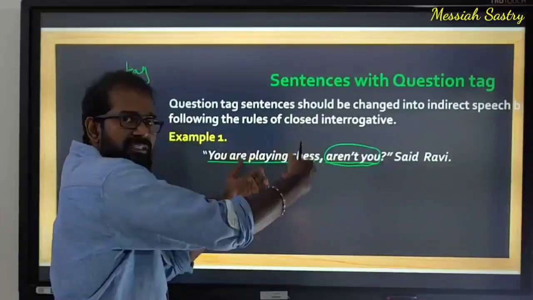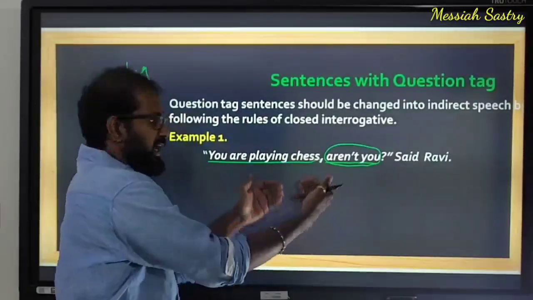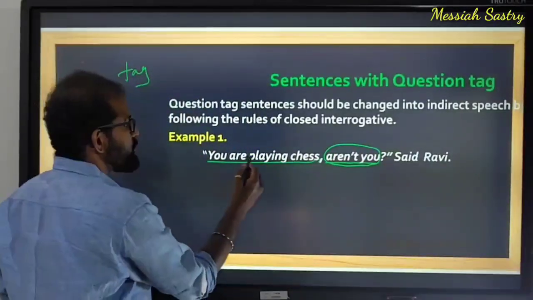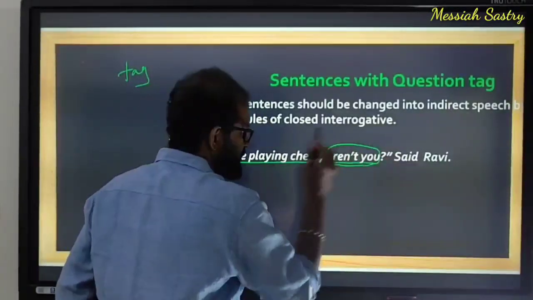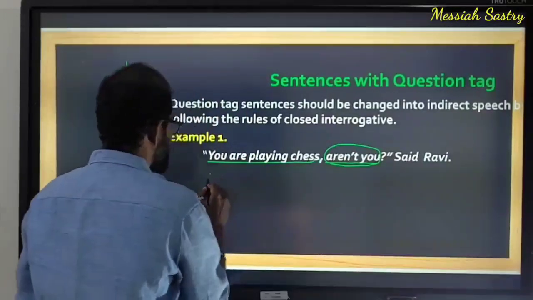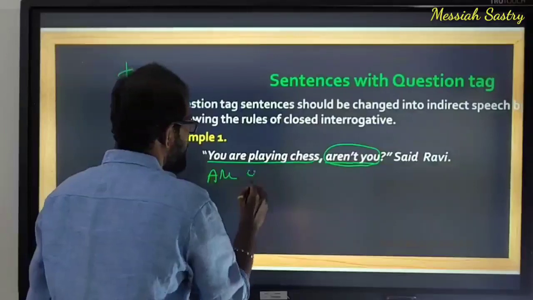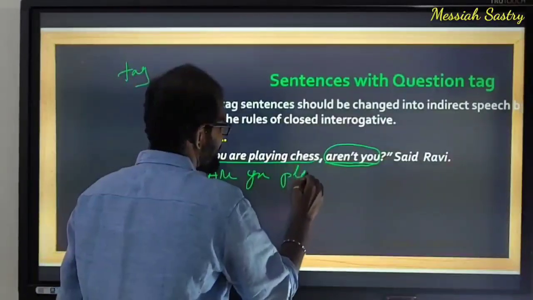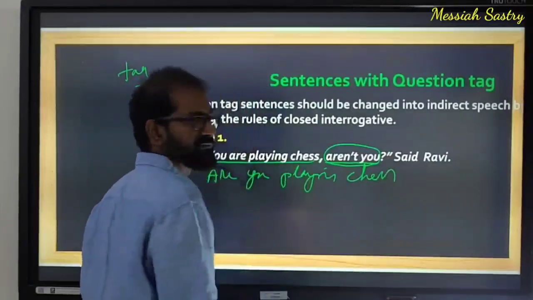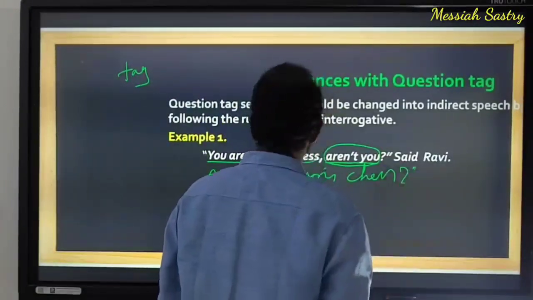Before changing into indirect speech, let us make the sentence a closed interrogative sentence. You are playing chess, aren't you? The form of this sentence is nothing but, are you playing chess? Question mark.